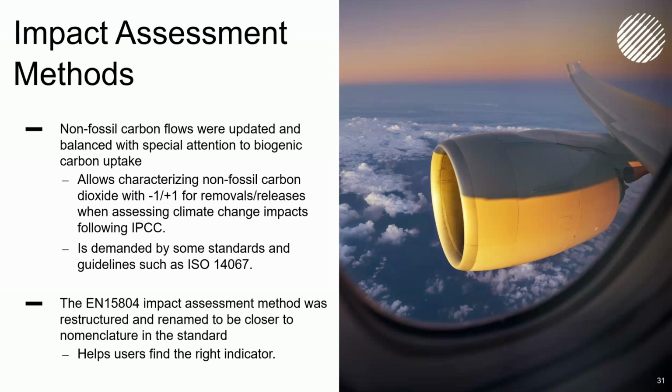So these changes enabled us to then characterize non-fossil carbon dioxide with -1 or +1 for removal and releases, respectively. This is done in the context of assessing climate change impacts following the IPCC methodology. And this is demanded by some standards and guidelines such as ISO 14067.